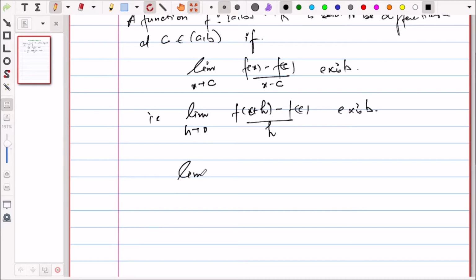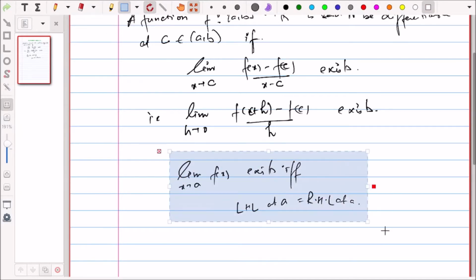Limit x tends to a of f(x) exists if and only if LHL at a is equal to RHL at a, right? If LHL is equal to RHL, then this limit exists.